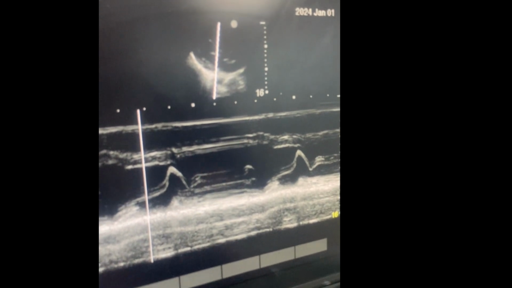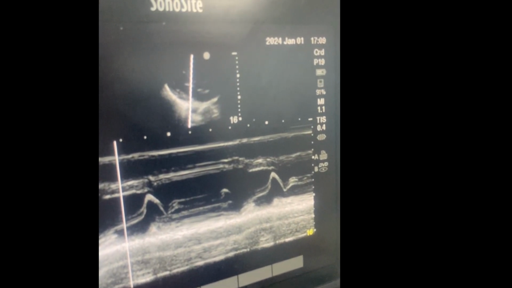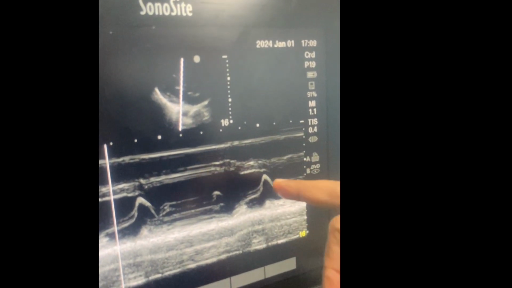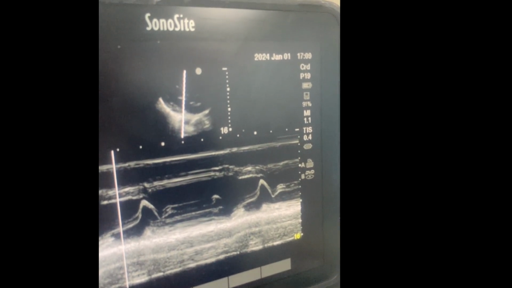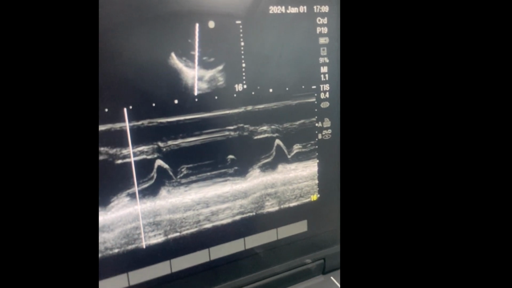Okay, so this is the M wave, and we have to calculate the distance between the interventricular septum and the M wave. If it is less than 8 mm, then it means ejection fraction is normal. Let's see what the distance is.